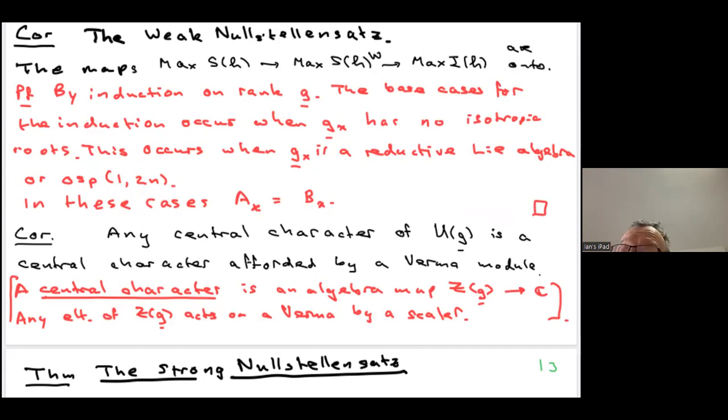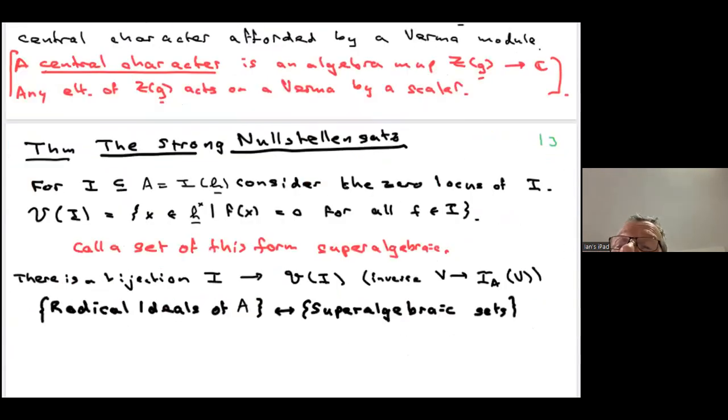And one corollary of this fact is that any central character of U(G) is the central character afforded by a Verma module. And so that was the weak Nullstellensatz.